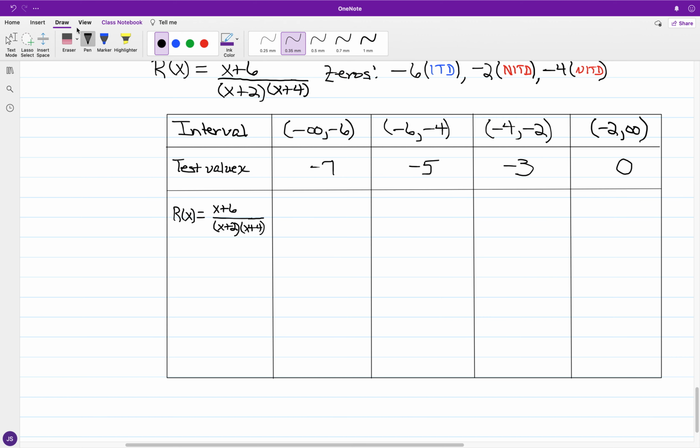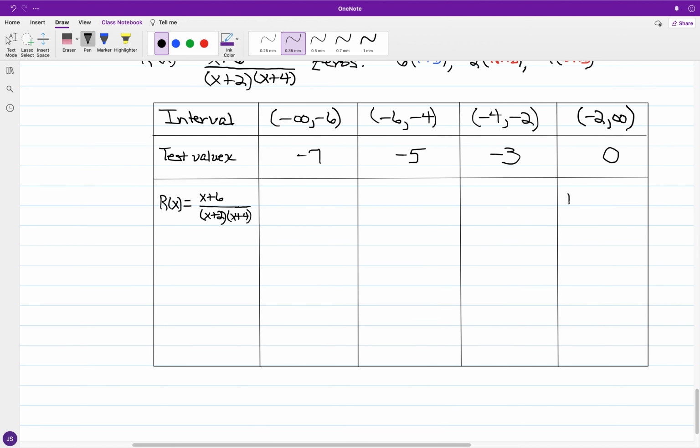So we have R of 0. 0 plus 6 is 6, 0 plus 2 is 2, 0 plus 4 is 4, 2 times 4 is 8, and 6/8 is reducible to a positive 3/4.